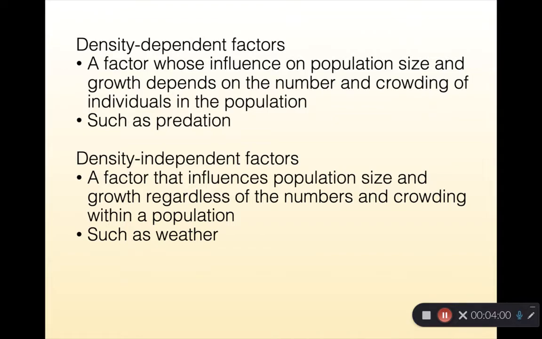So a great example of that would be weather. Like a giant forest fire, it doesn't matter how many deer there are in an area. If there's a devastating wildfire, that population size of deer is going to go down. However, when we look at a density-dependent factor, the number of wolves ultimately is going to impact the number of moose that are circulating. So again, this is density-dependent factors.